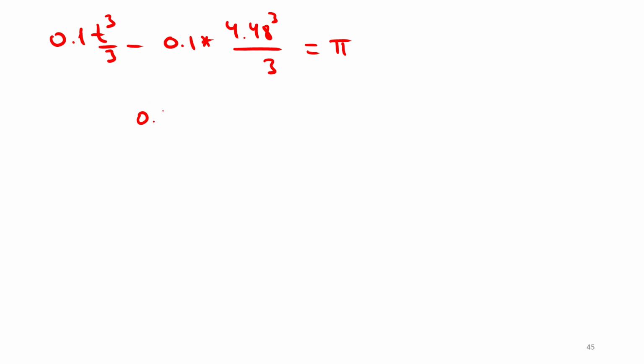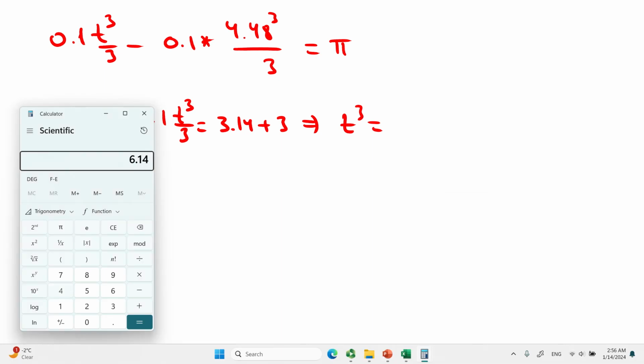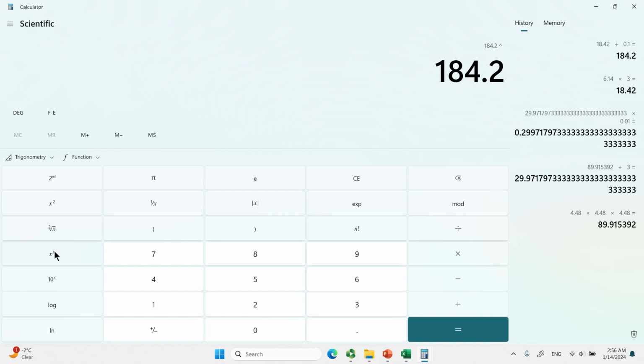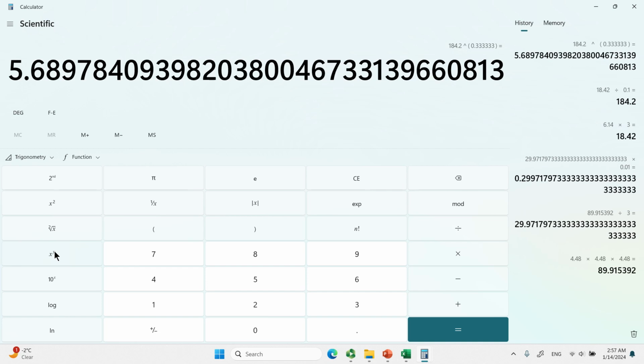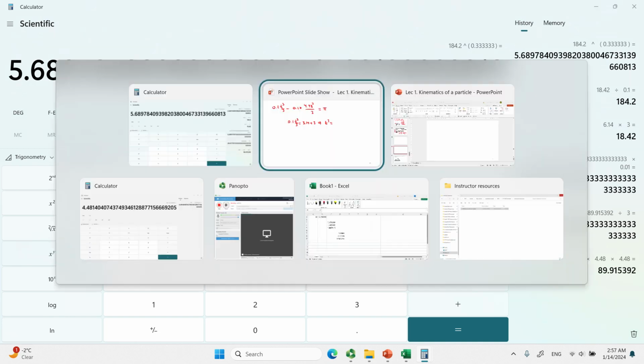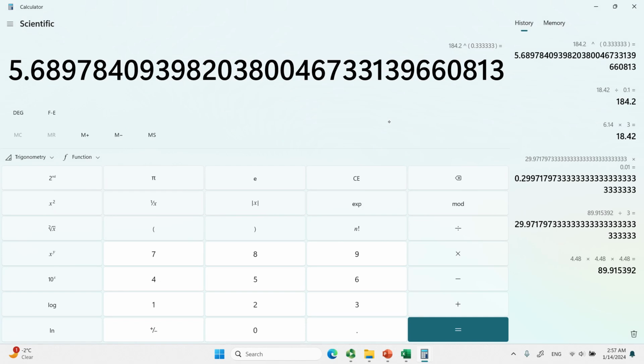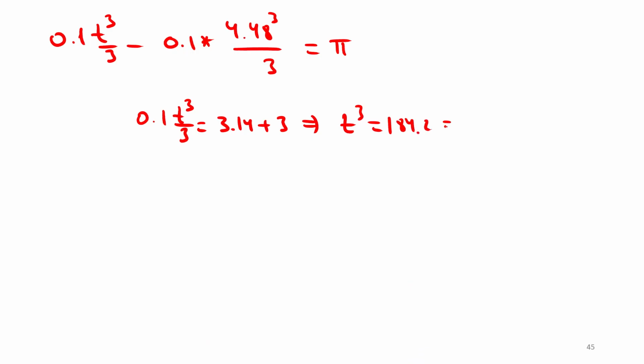So 0.1 t to the power of 3 divided by 3 will be equal to 3.14 plus 3 meters, and then t to the power of 3 will be equal to 6.14 times 3 divided by 0.1, which is 142.2, and taking the cube root, the time is 5.69 seconds.